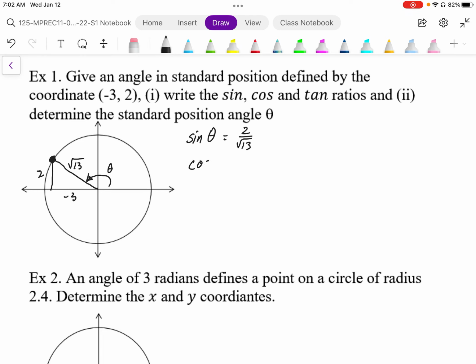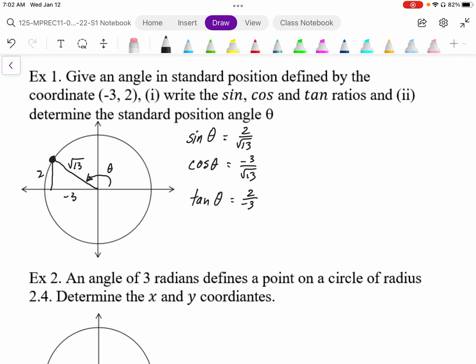The cosine ratio is going to be the horizontal position, so -3 over √13, and the tan ratio is the slope, so rise over run. I can put that negative at the bottom, at the top, or at the side; it doesn't really matter.